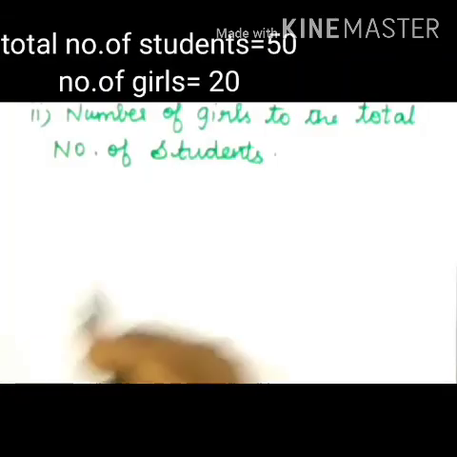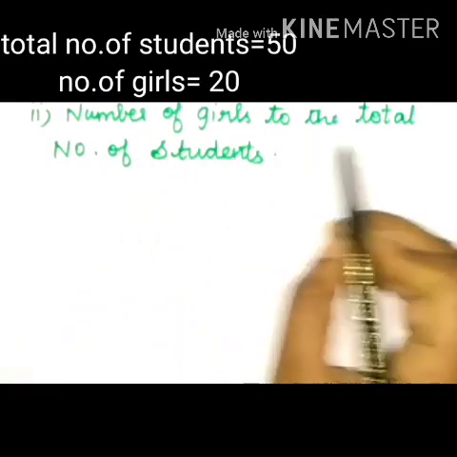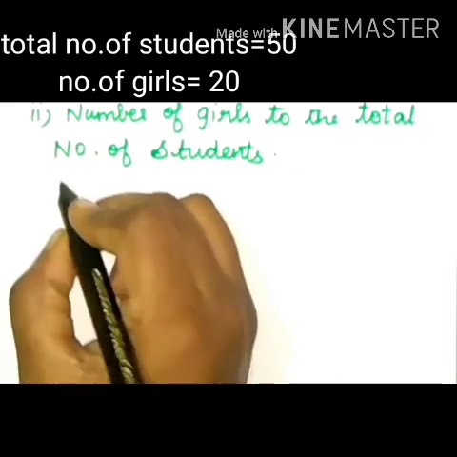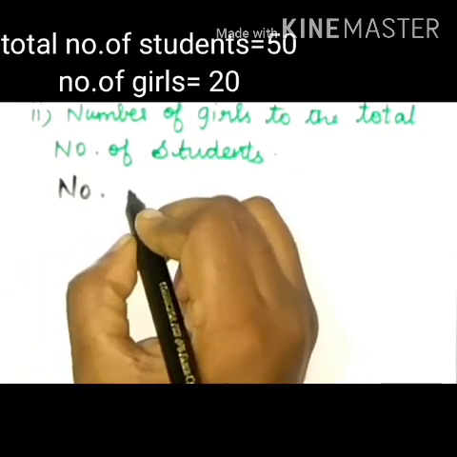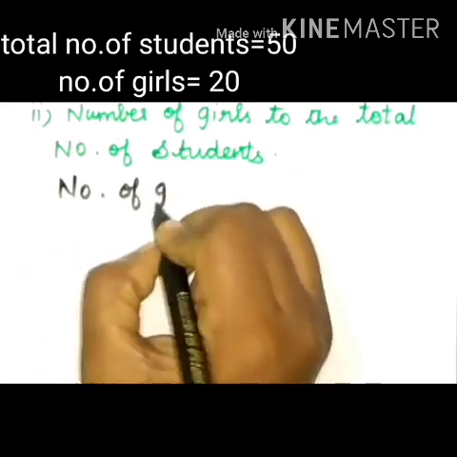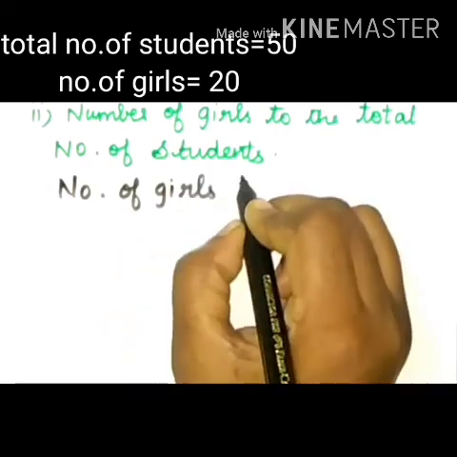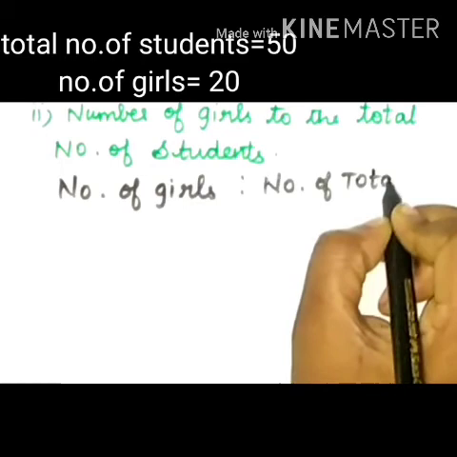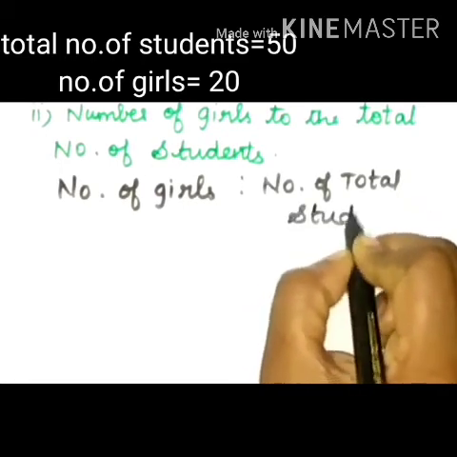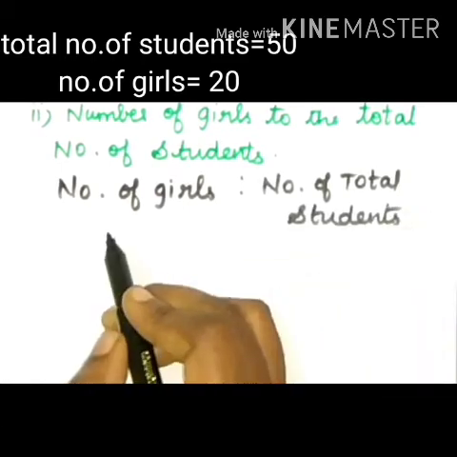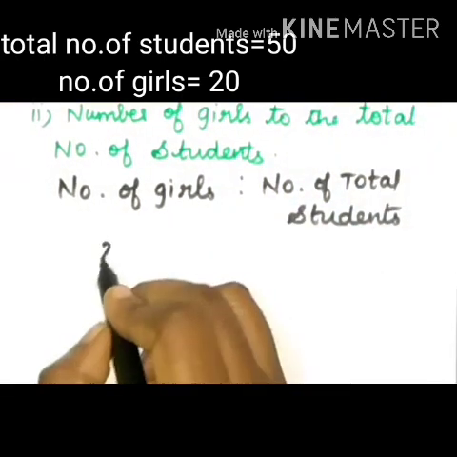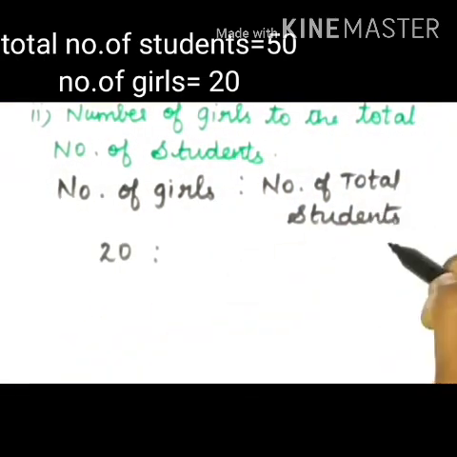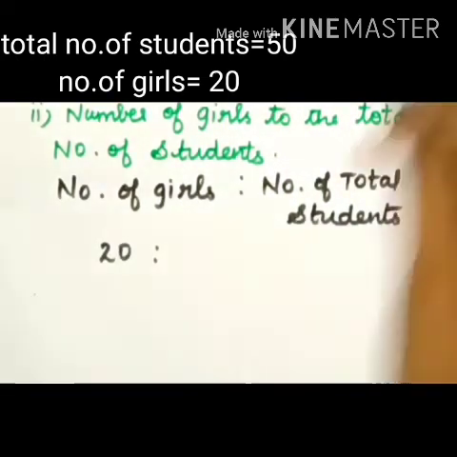And the next question is number of girls to the total number of students. You have to find the ratio of number of girls to number of total students. Here the number of girls is 20, and the number of total students is 50.